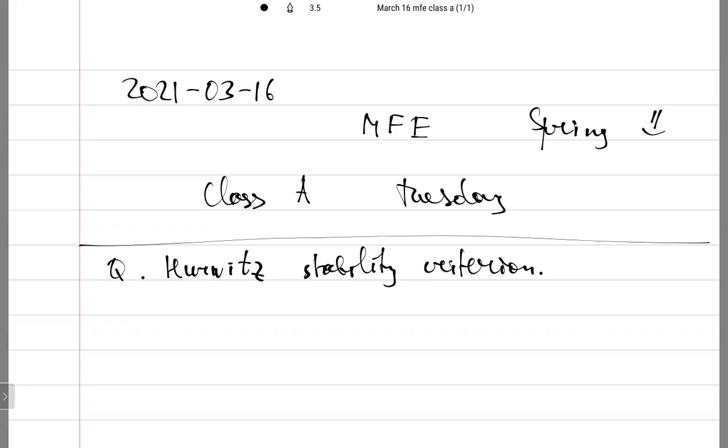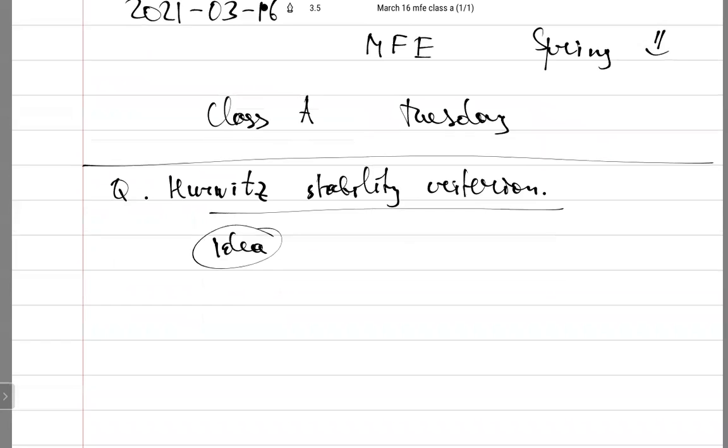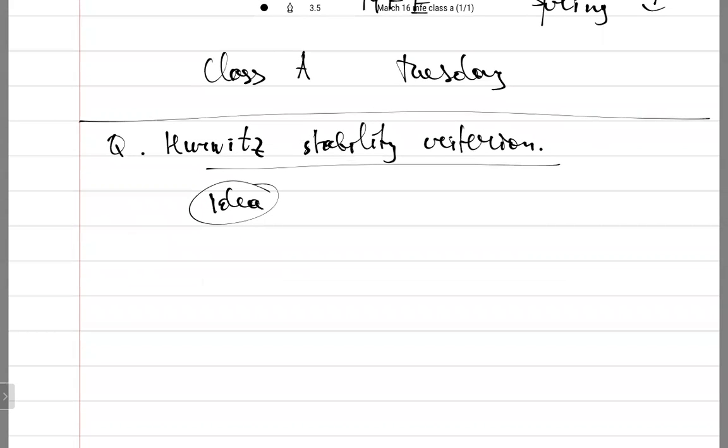Hurwitz criterion, Hurwitz stability criterion. So first, the idea is very simple. Let's consider some differential equation, y prime prime plus some coefficient y prime plus a0, sorry, y is, let's say, equal to 0.